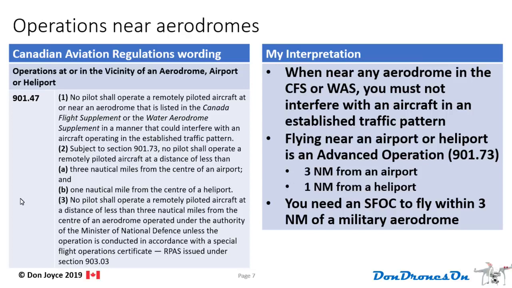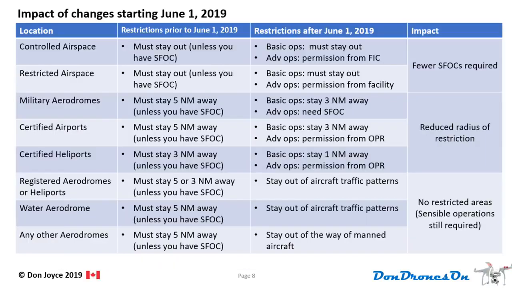So with the new regulations coming up, and maybe by the time you're listening to this, they're already upon us, let's understand the impact of these changes that are starting on June the 1st, 2019, because it's actually rather profound in some cases. So here's the hierarchy of life as I've had it before.